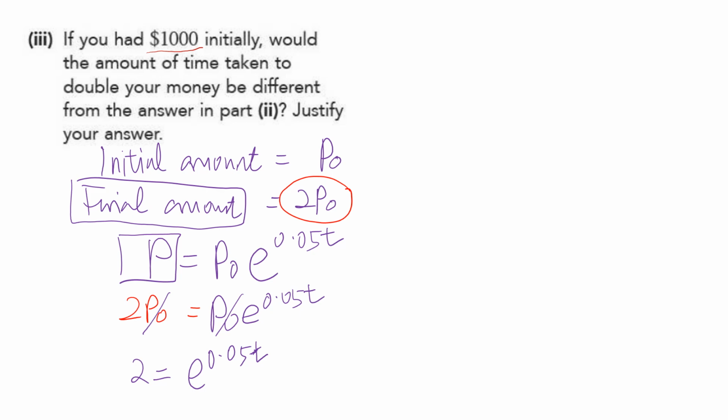From here we can see that the initial amount of money has no place in the final calculation for time. It does not contribute anything. It will take approximately 14 years for your money to be doubled using the exponential function given.